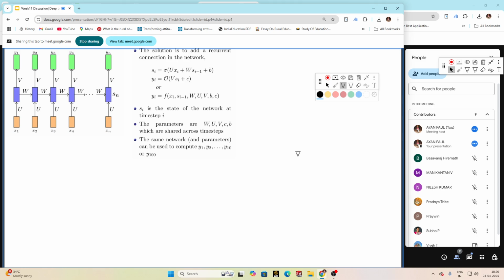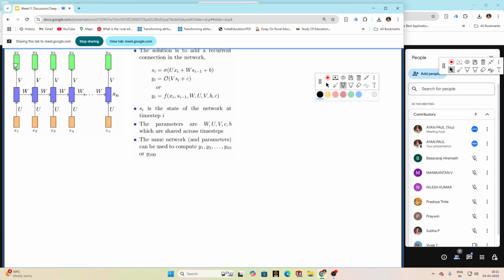Okay, why recurrent neural network? Feed forward neural network means information will go in the forward direction only, from the bottom to the top. But in a recurrent neural network, information again goes back. So that is why it is known as recurrent neural network. For example, if we have just a feed forward neural network, our network will be like this only.